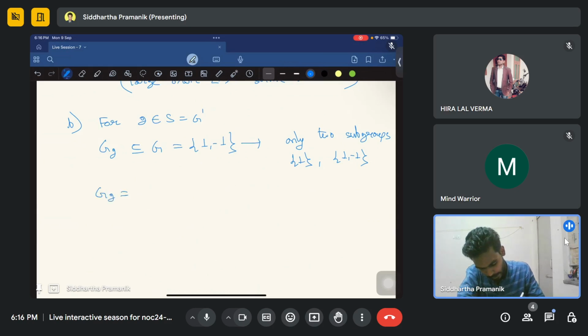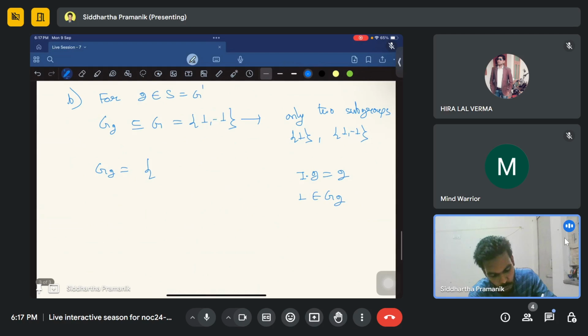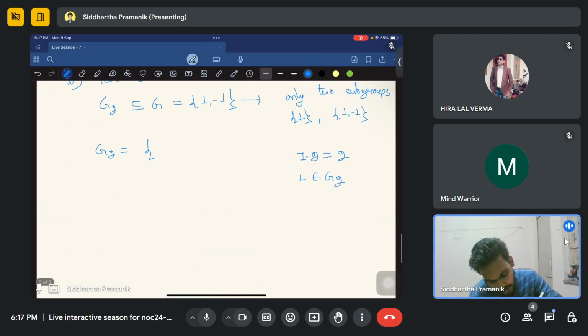So stabilizer of g is, first of all, now you look that 1 dot g is g, so 1 definitely belongs to the stabilizer, and it should belong to the stabilizer because it is the identity element. But when does minus 1 dot g belong to the stabilizer?